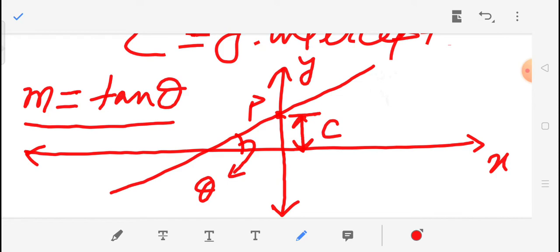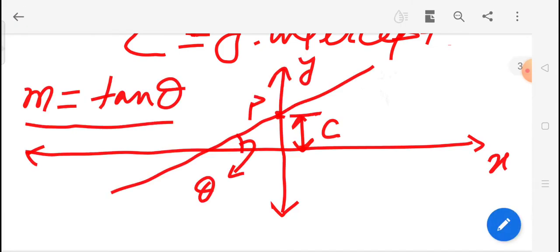We don't have to bother more about slope, because the students are going to understand more in class 11th when we go there. Simply to understand about the slope, it is the tan of the angle made by the line with the positive x-axis. So this is called the slope, and we'll represent it with the letter m.